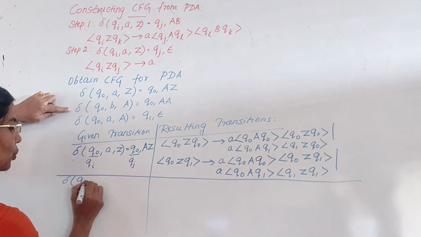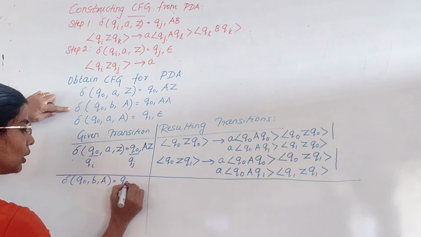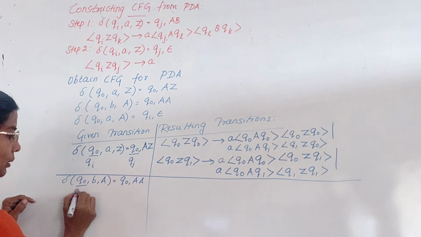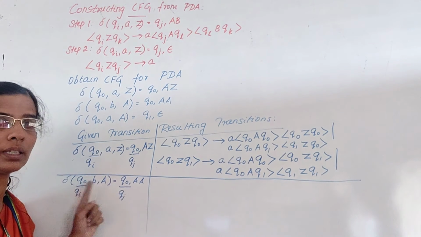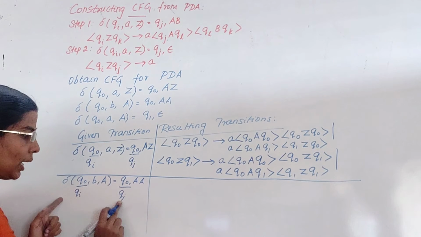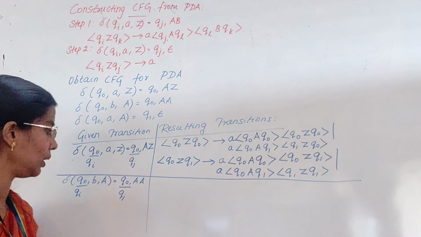What about your next transition? Delta of Q naught B A, which is equal to Q naught A. Here, this is my Qi, and this is Qj. Here also, since there is no state change, both my Qi and Qj remain the same.